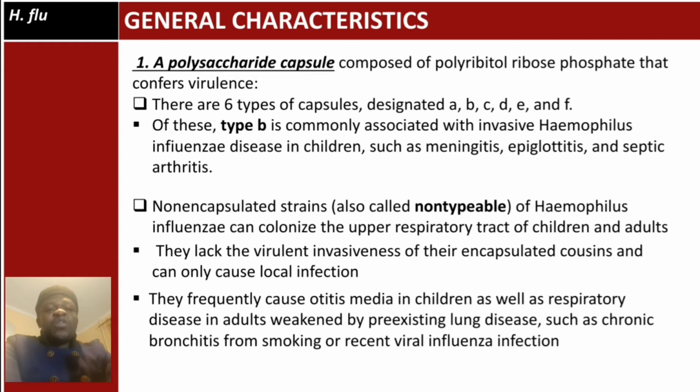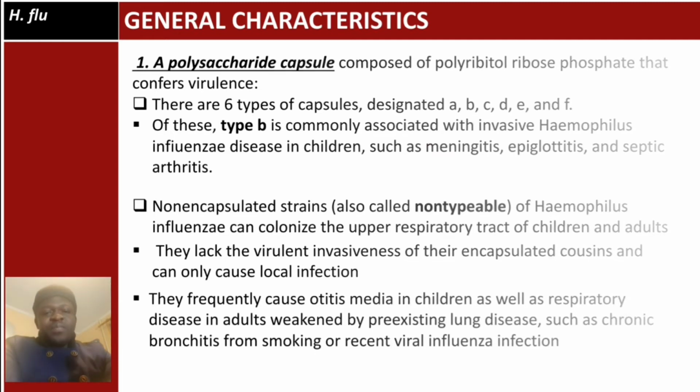They frequently cause otitis media in children, as well as respiratory diseases in adults weakened by pre-existing lung diseases such as chronic bronchitis from smoking or recent viral influenza infection. So the polysaccharide capsule, that's the first way.